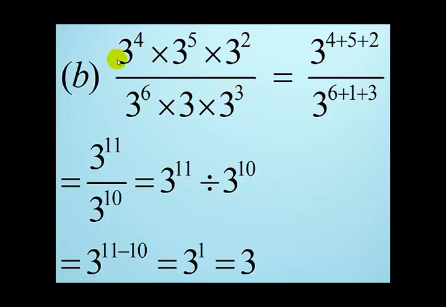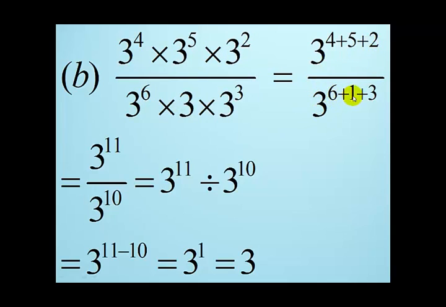This means that the expression is equal to 3^(4+5+2) divided by 3^(6+1+3).